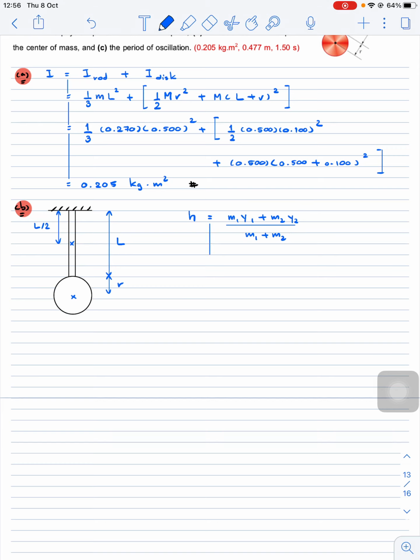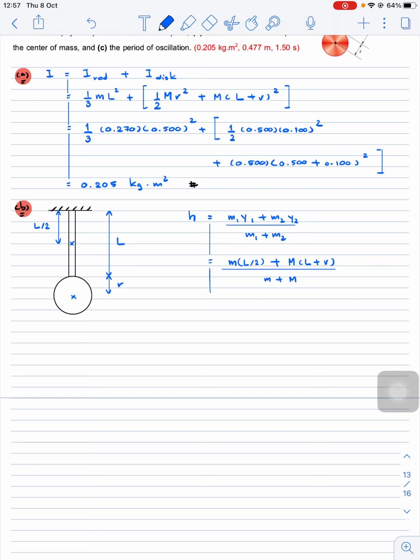So the mass of the rod is just small m, times the center of mass of the rod, which is just this position, L/2, plus m2, the mass of the disk, which is capital M, times the center of mass of the disk, in this case L plus R, and then over the summation of both masses, small m plus capital M.